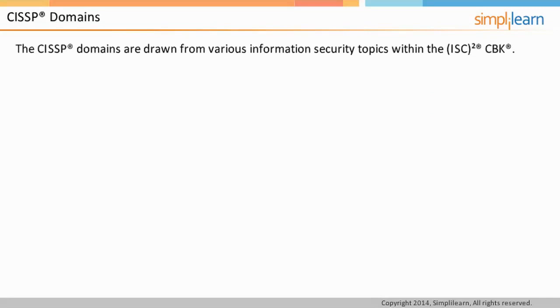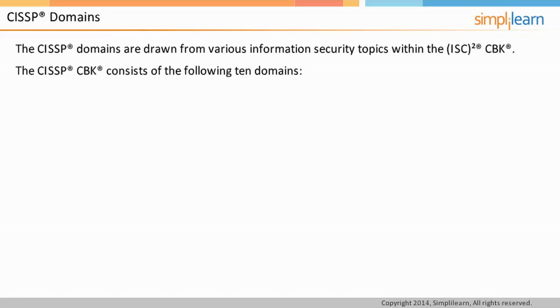The CISSP domains are drawn from various information security topics within the ISC² Common Body of Knowledge, or CBK. It is updated annually, which reflects the up-to-date best practices worldwide in the domains.